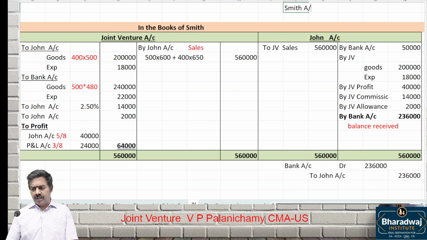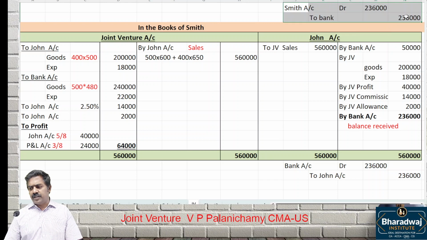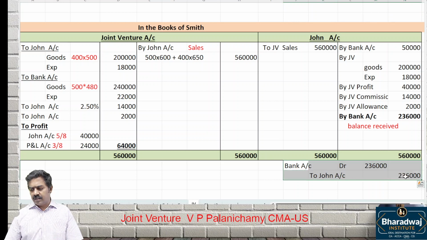Smith account debit to bank. So John is paying to Smith. So Smith account debit to bank 2,36,000 would have come. No need to copy this journal entry, just to make you understand that John will pay Smith 2,36,000 as final settlement.